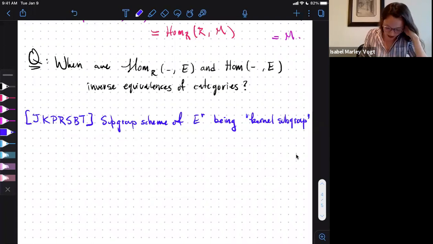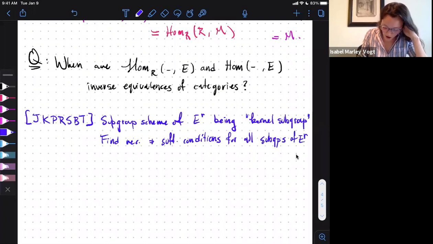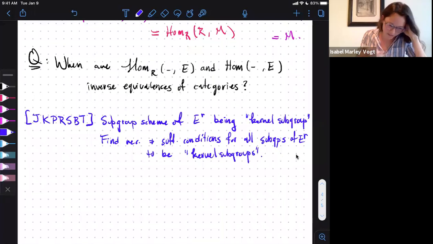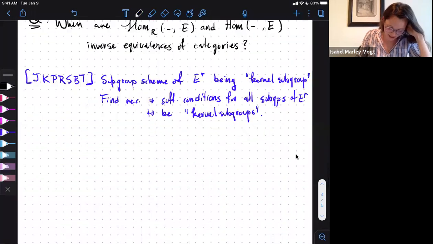And then what they do is they find necessary and sufficient conditions for all subgroup schemes of E to the R, for all R, to be these kernel subgroups in order to be seen by this module construction. So I can't state everything.